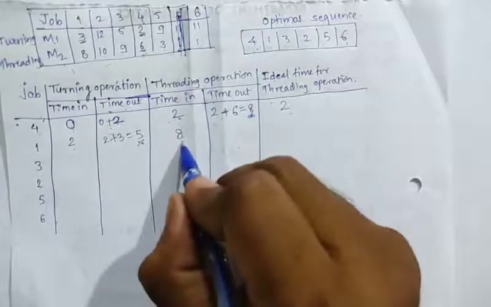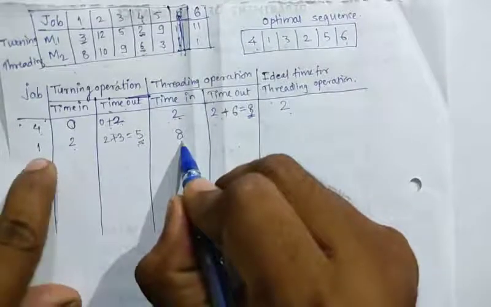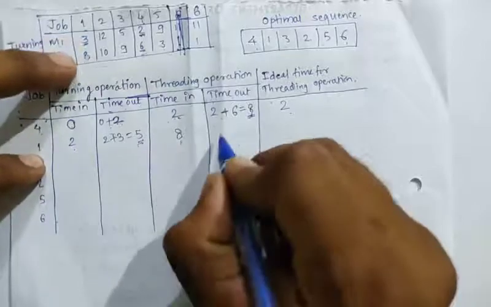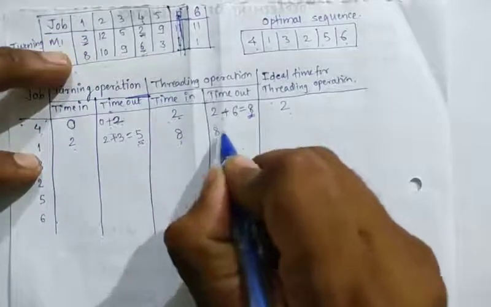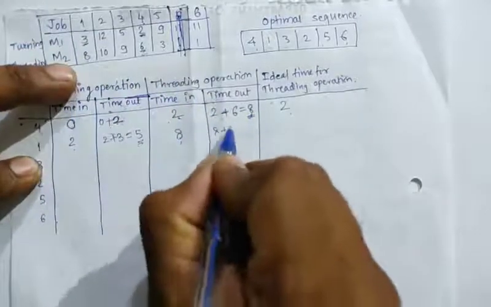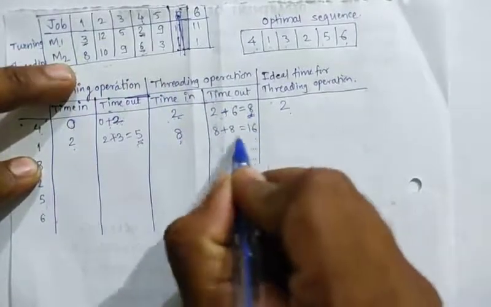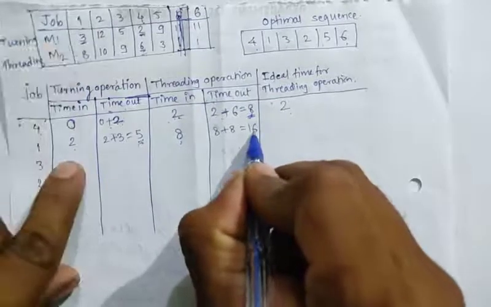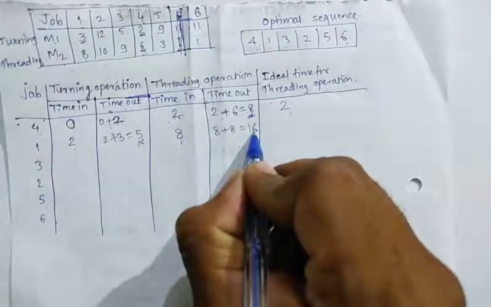This is the time in for the first job. For the second job it requires 8 minutes, so 8 plus 8 equals 16. How much time does it stop here?